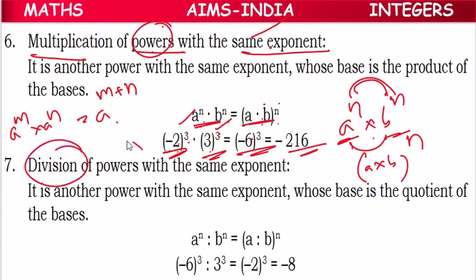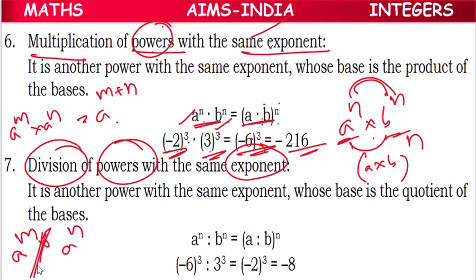Or division of powers with the same exponent. If we have the same base, a^m divided by a^n, we write a^(m-n). When they have the same base, we can write like this.